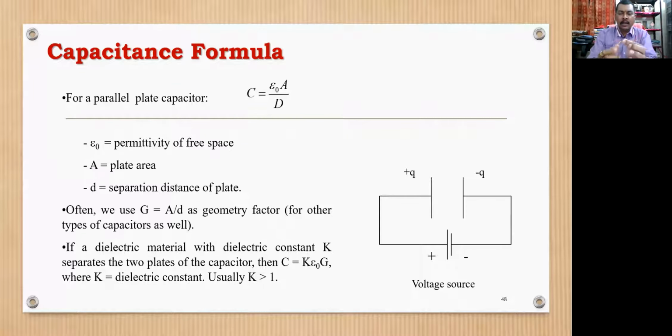So by that I can say that we are having two conducting plates, two conducting wires, which are separated by a rubber or a non-conducting medium. Am I right? So this was the basic definition of a capacitor: two conducting plates separated by a dielectric or a non-conducting medium. That is called a capacitor. So yes, absolutely, this forms a capacitor.